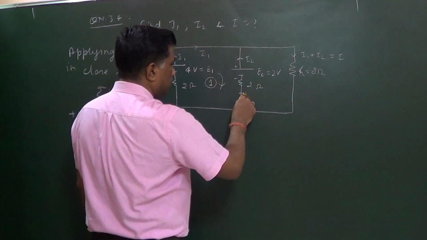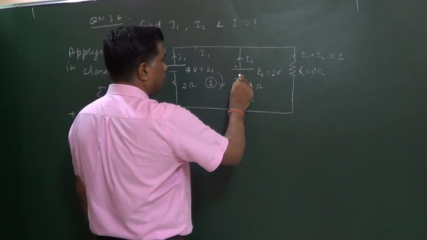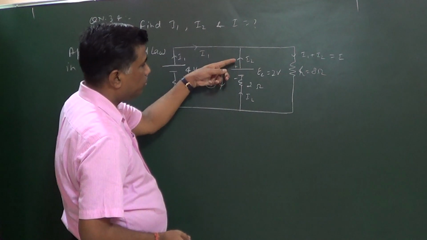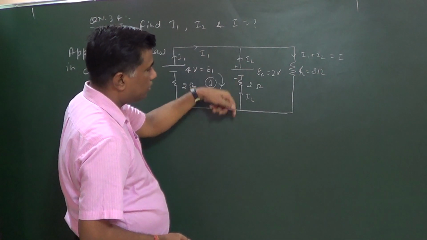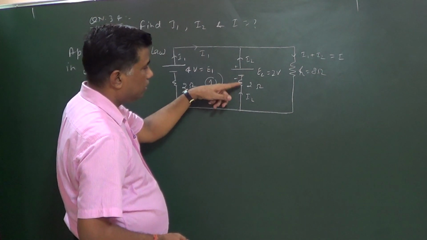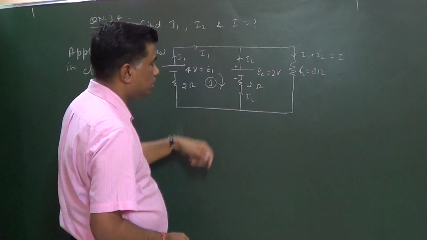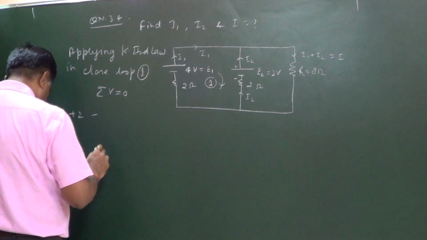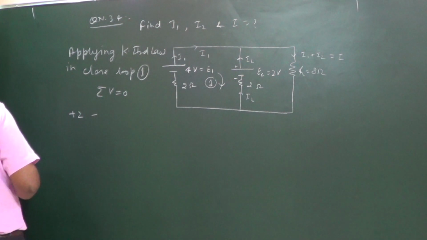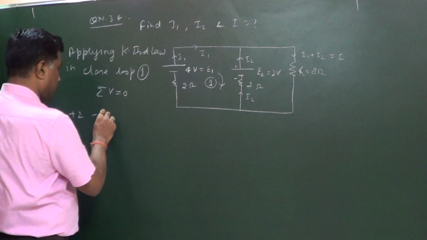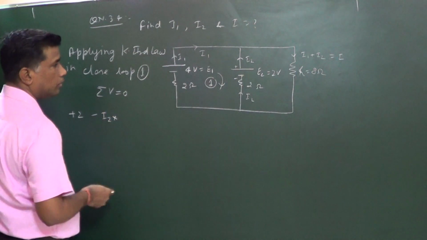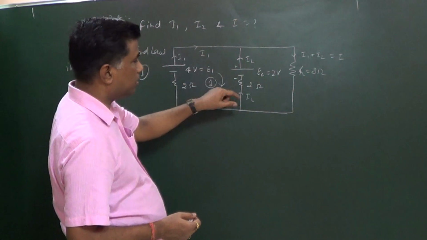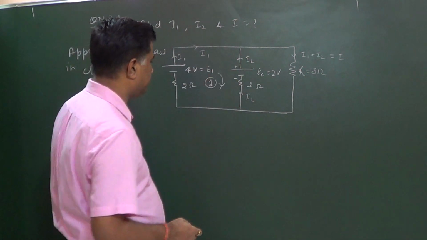Now current I2 is flowing in this cell. So if we move across this cell along the downward direction, IR will be the potential difference and we are moving opposite to the current. So I2 into this 2 ohm will be the potential difference across this resistance, negative.